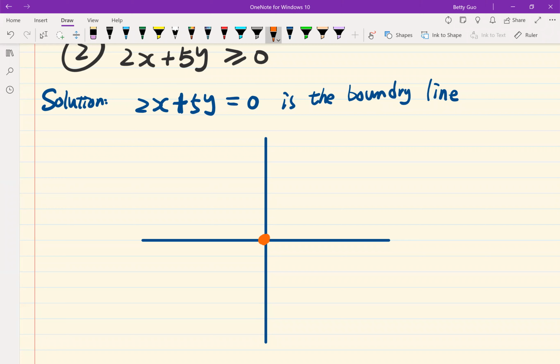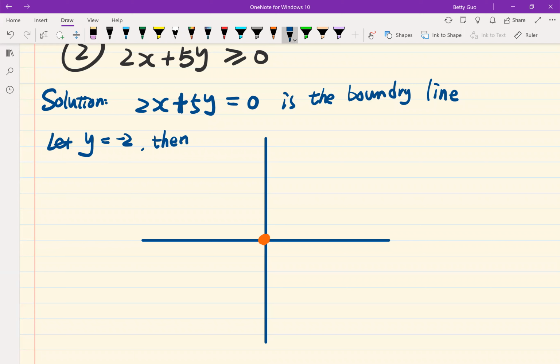Plug in, we did that already. Yeah, that's a good idea. You can actually find any point on the line, right? You can just find a convenient ordered pair that satisfies the equation. How about we let y be -2?